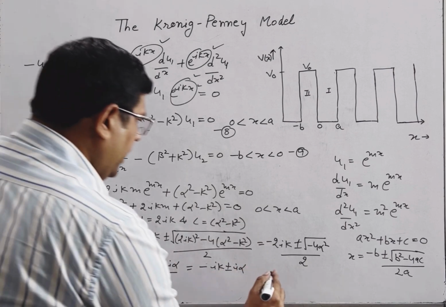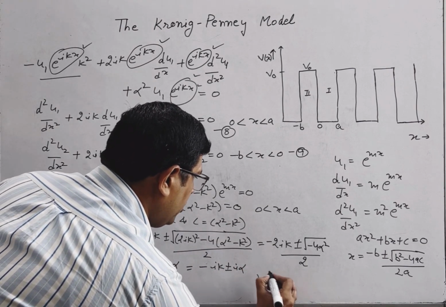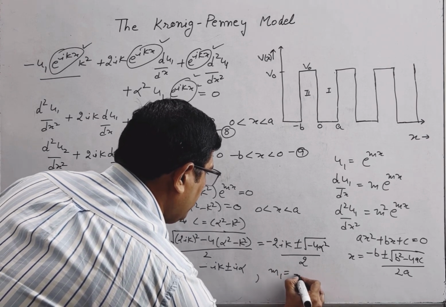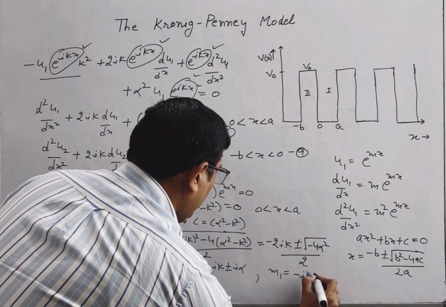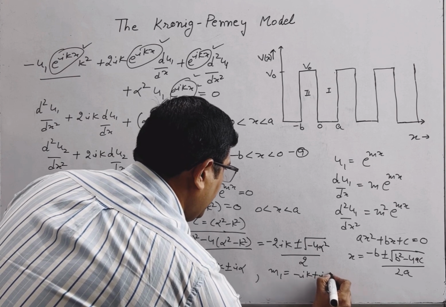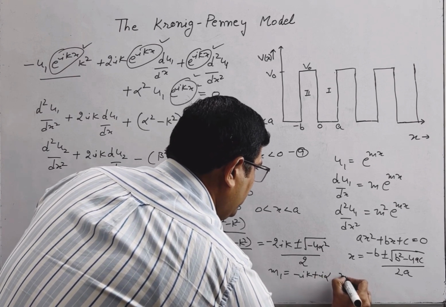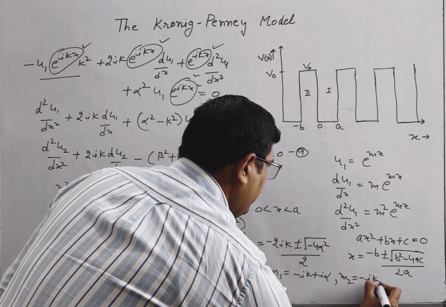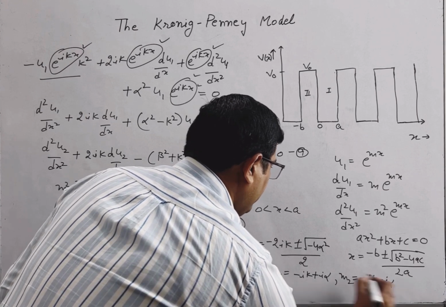So we have two roots. Let the first be m1 equal to minus iota k plus iota alpha, and m2 equal to minus iota k minus iota alpha.